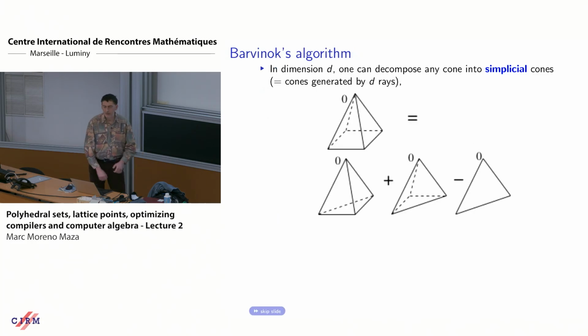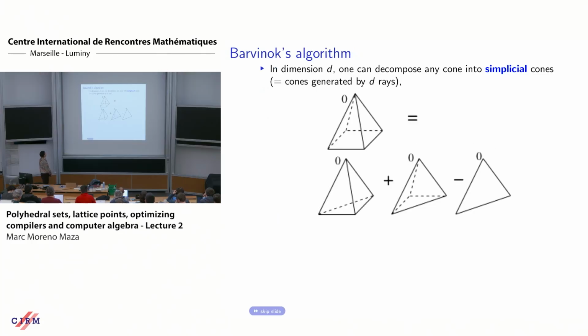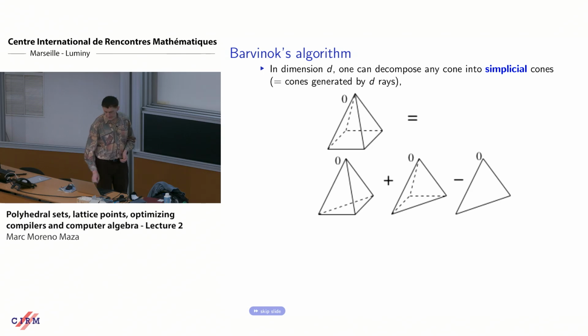And this is where now comes the algorithm of Alexander Barvinok. I'm sure you've heard about that. So first we have to reduce to the case of simplicial cones. There are many well-known algorithms for doing that.